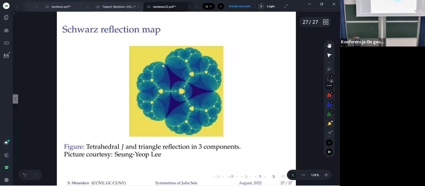In this picture, the Schwarz reflection map is defined on this deltoid and the circle. So it's defined outside of the deltoid and inside of the circle, but not defined on this. Okay. And in this picture, the common boundary of the blue, red, green, and yellow is also a Sierpiński gasket as well.